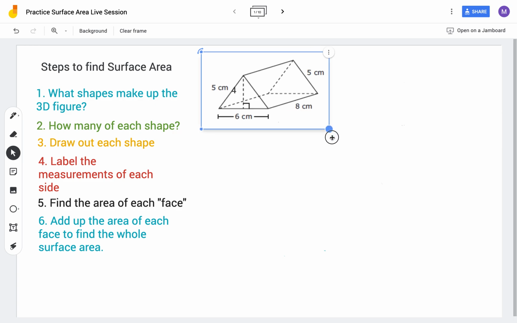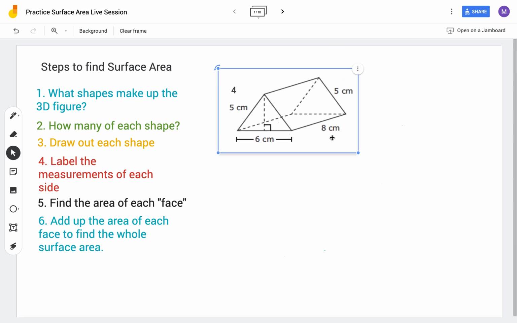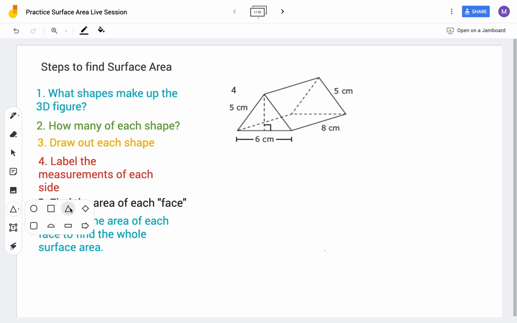So when I look at this shape, I see that we have triangles and we have rectangles. In the chat box, how many triangles are in this shape? We have 2 triangles, that's correct.